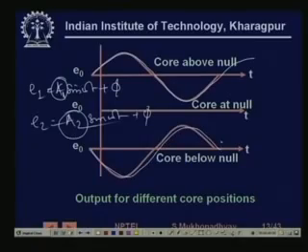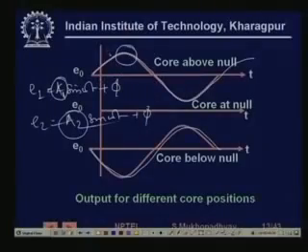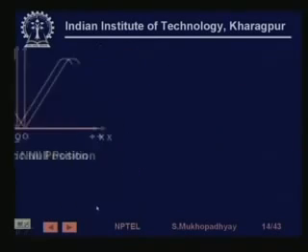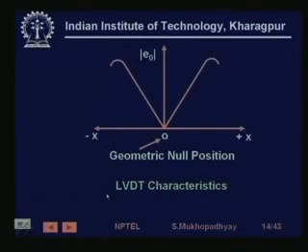In both cases you are getting a sine wave because your excitation is sinusoidal, but this sine wave can be called positive, this sine wave can be called negative, or there is a phase shift. So this is exactly what happens. You have output for different core positions, and the output amplitude will also change.